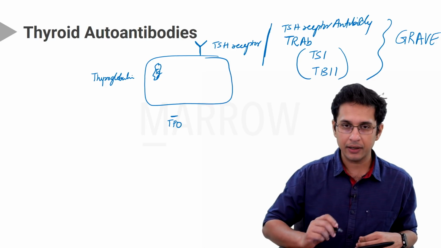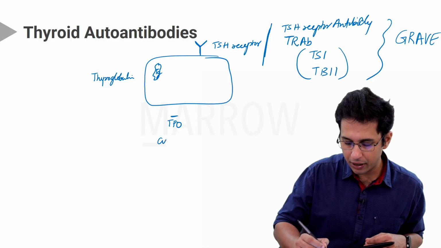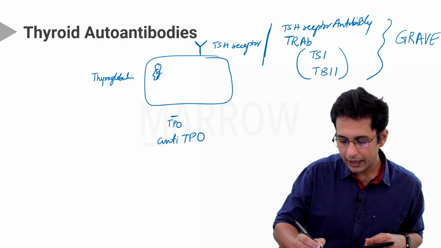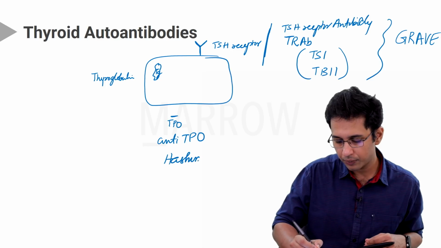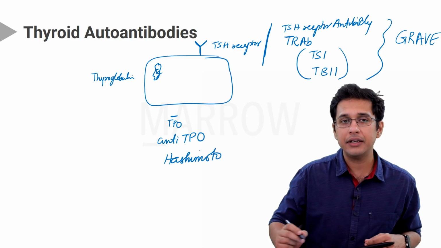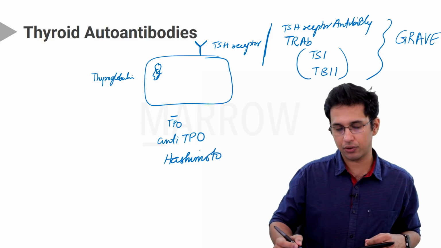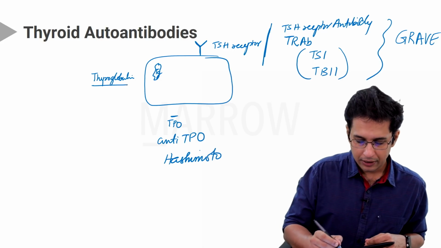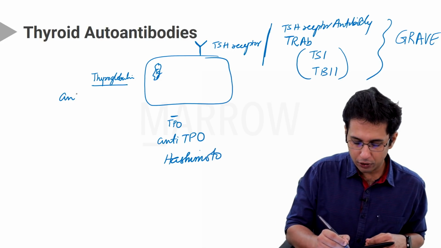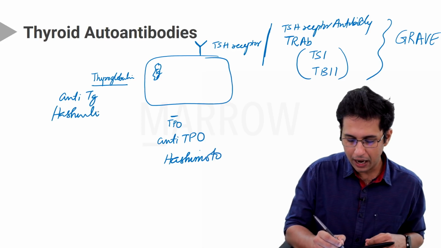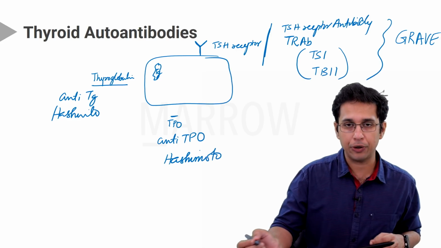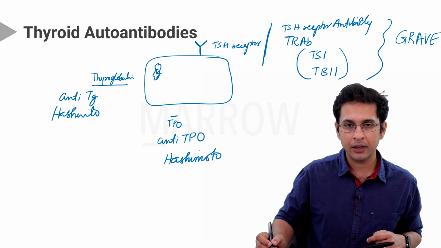Now let's come to the next guy. It is TPO, anti-TPO antibodies. Anti-TPO antibodies are found in Hashimoto. Simple. Thyroglobulin. Anti-thyroglobulin antibodies are found again in Hashimoto. So we have anti-TG and anti-TPO, both in Hashimoto.